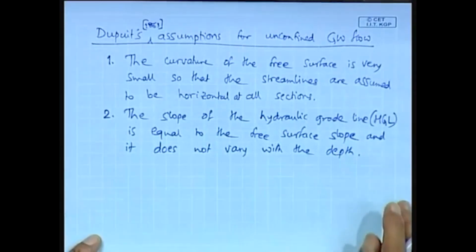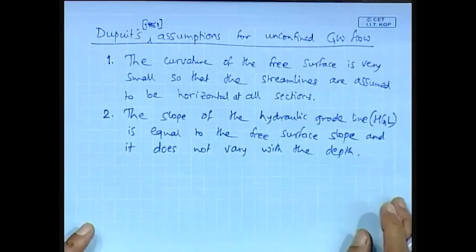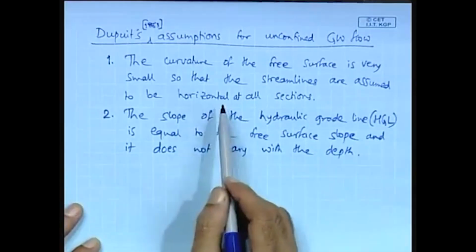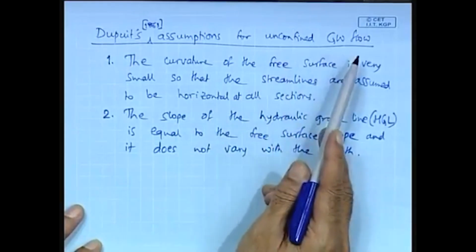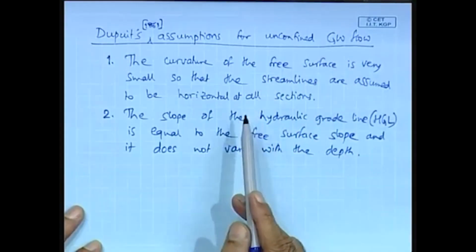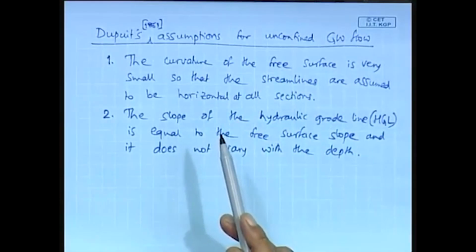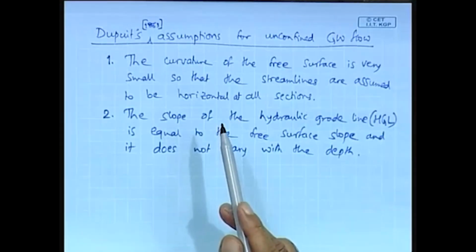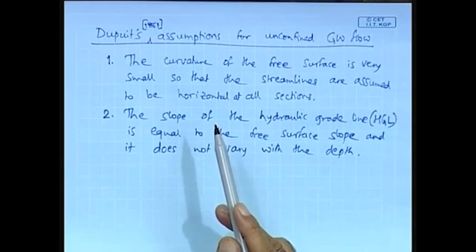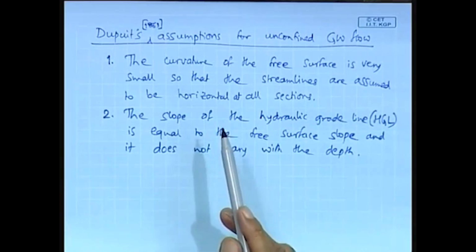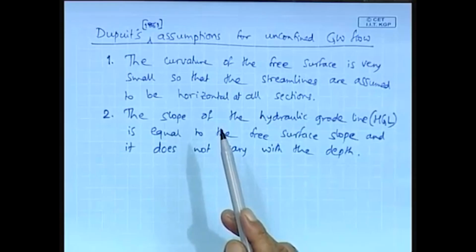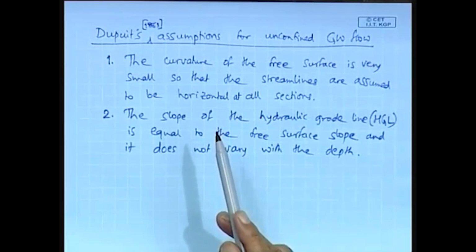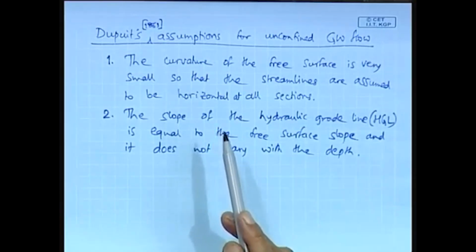So, these are the two Dupuit's assumptions, which are applicable for groundwater flow through unconfined aquifers. And now, using these Dupuit's assumptions, let us determine the groundwater flow through unconfined aquifer.